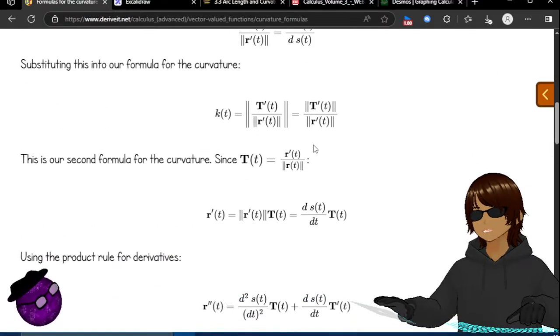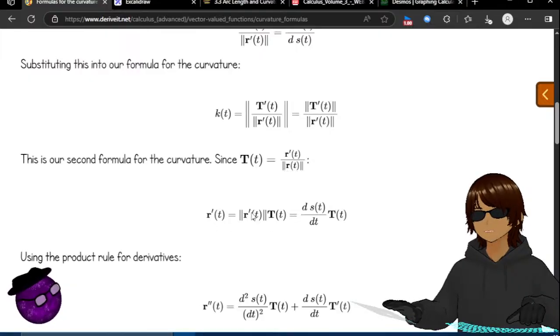This is the second formula. Since the principal unit vector is defined like this, derivative of r divided by derivative of the length. Wait, hold on. Is this correct? Okay, there are several mistakes here. This should be derivative of r divided by the length of the derivative of r. Then we can rearrange it like this.